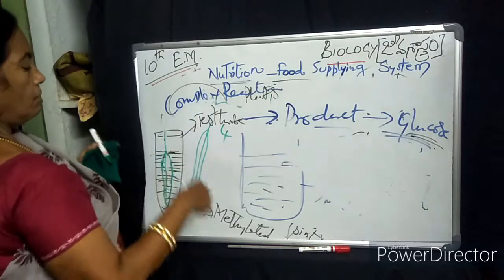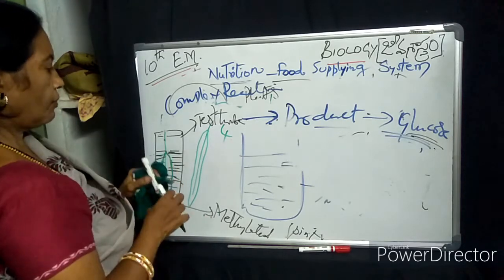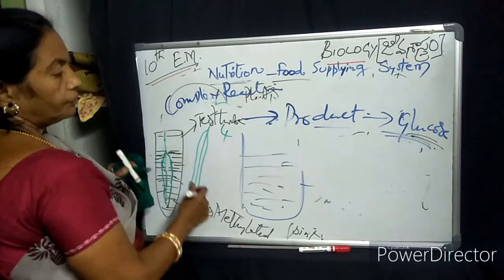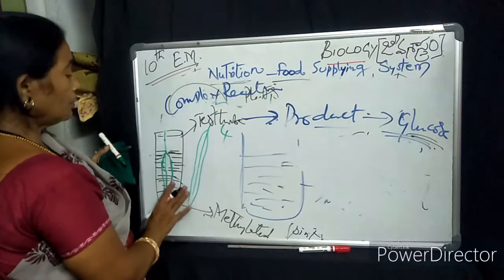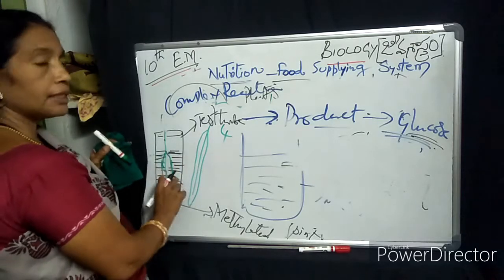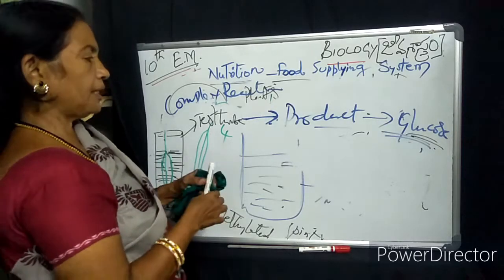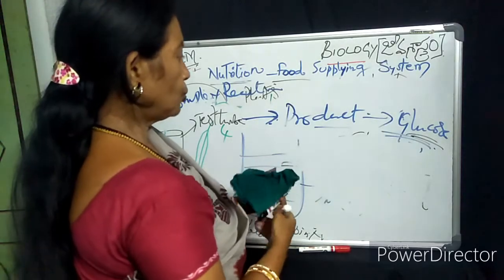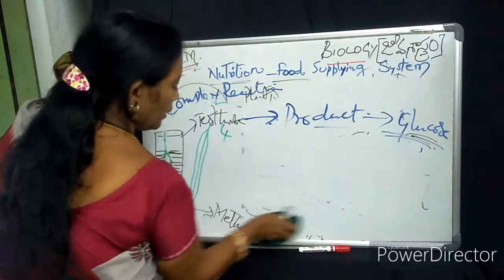We put this green leaf in the methylated spirit in the already prepared test tube. Then we should do the experiment.